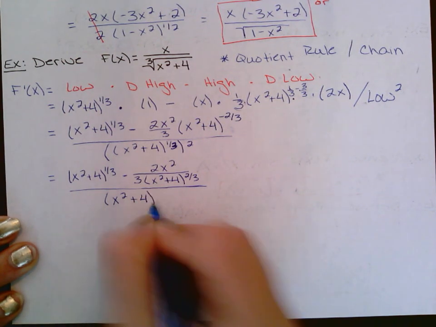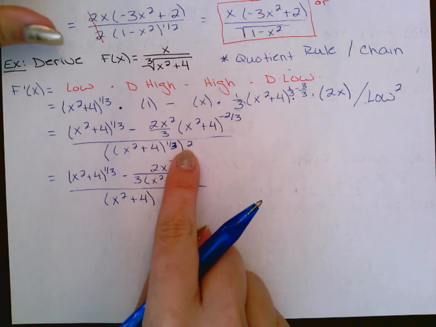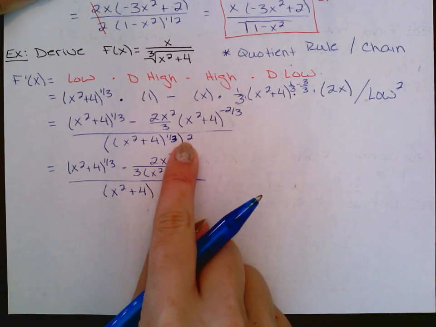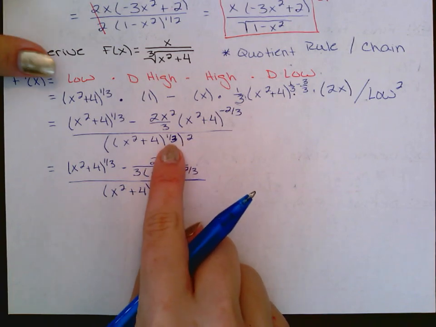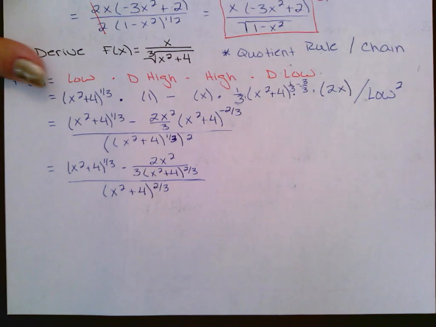And now for this denominator, I'm going to clean this part. An exponent raised to an exponent, you learned this back, I believe, in Algebra 2. You multiply them. So a 1/3 times 2 just gives me 2/3, okay?